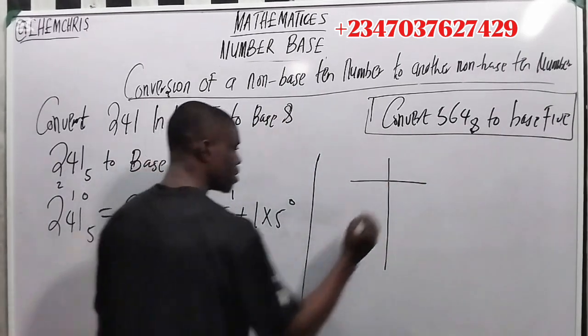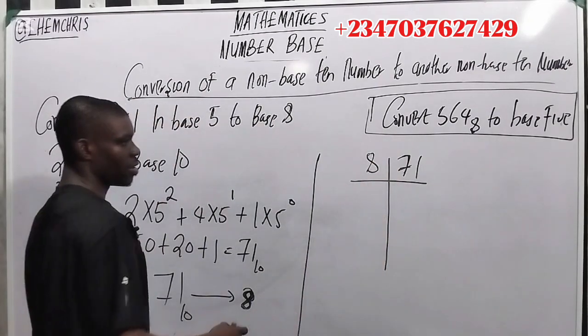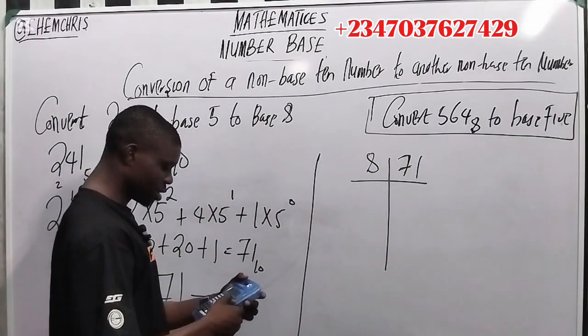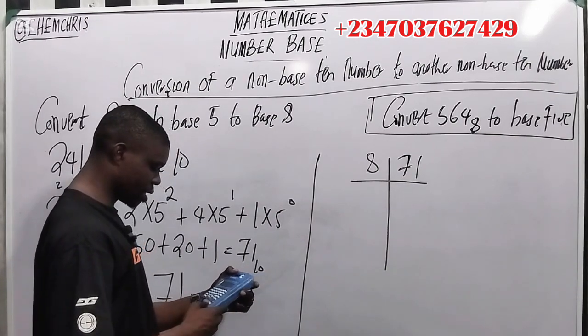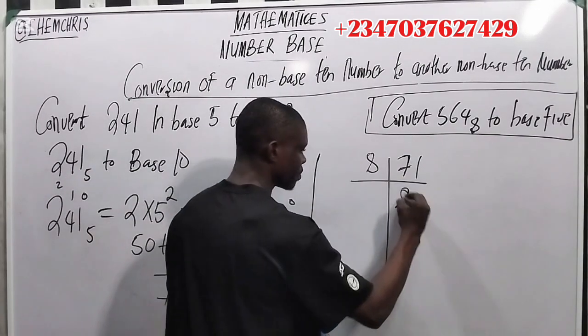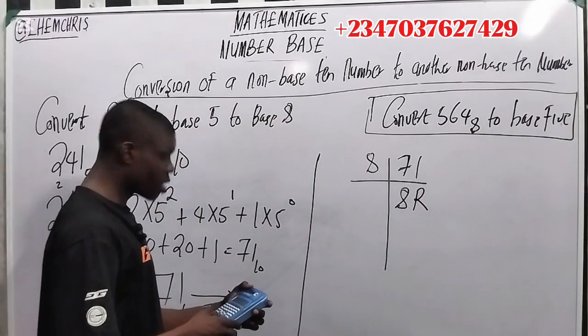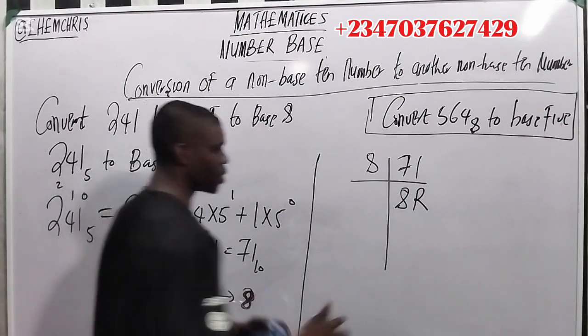So you have 71 divided by 8. Here we have 8 times 8 is 64, plus a remainder of 7. Remember 7, right?